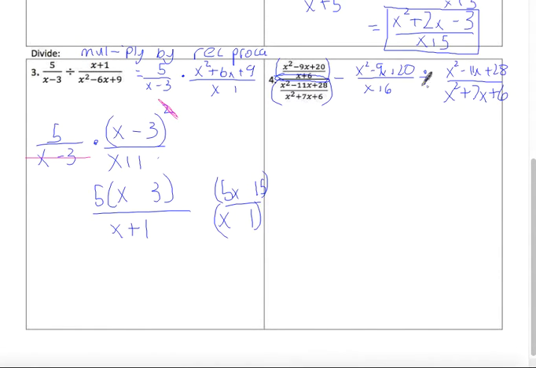All right, and so now we've reduced it to a problem just like the last one. So again, theoretically, I could stop now, but I won't.